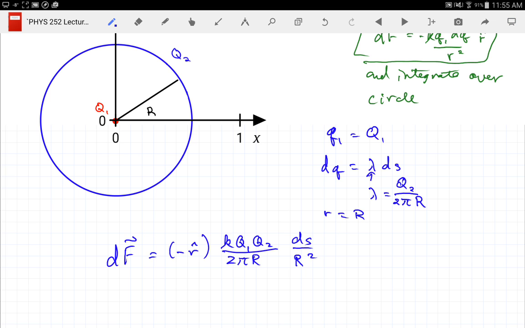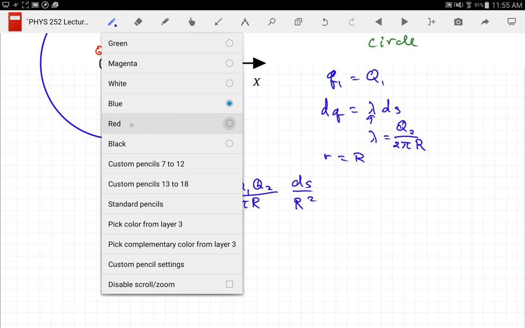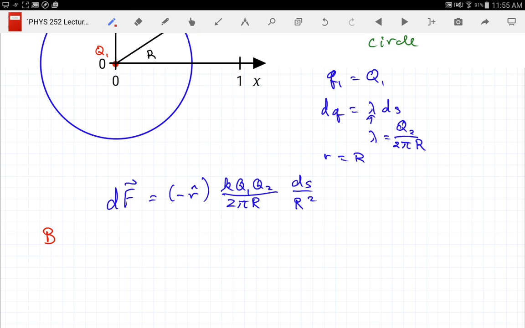So the next step is to break this into components. I didn't put that up above, but it's an important piece of the puzzle. I've already defined my x and y directions.